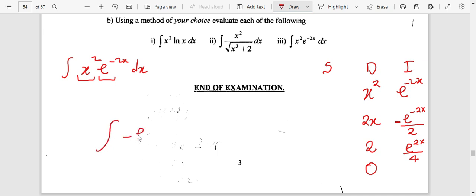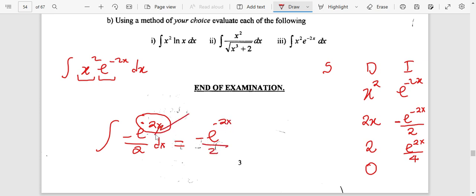Okay, so what we are saying is we want to integrate negative e to the power 2x divided by 2. So we said differentiate the power, which is negative 2x, we are going to get negative 2. So we're going to write negative e to the power negative 2x over 2.